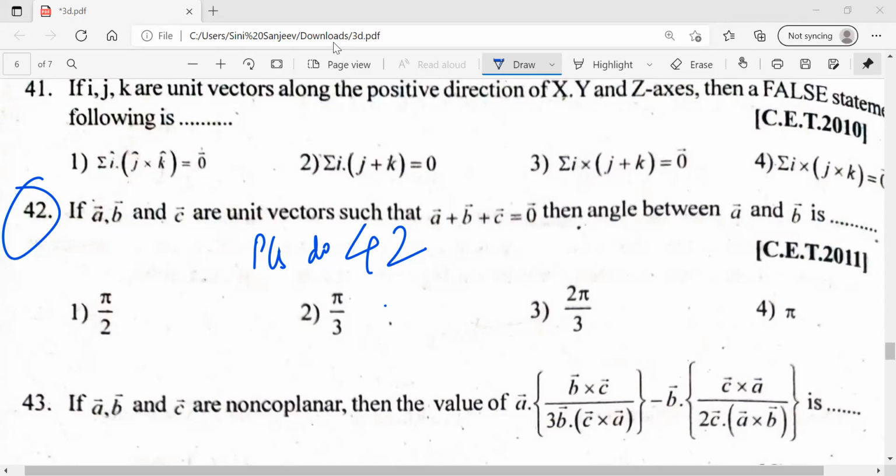Second one. Is there anyone having trouble with the thing? 40-second one.